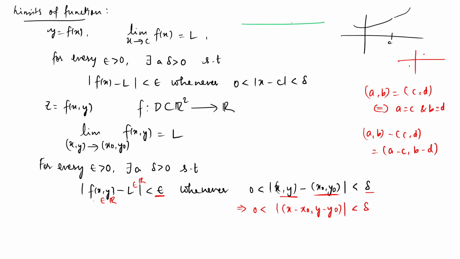Suppose this is your number line, this is your 0 point, I take 5 here. What is the distance of this 5 from the origin? It is 5 units. Am I right? I take minus 5. What is the distance from origin to minus 5?